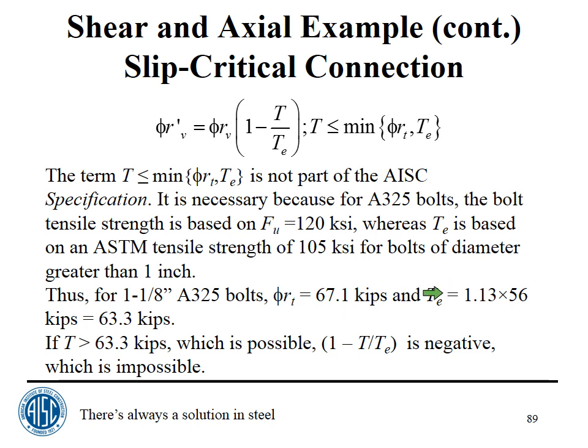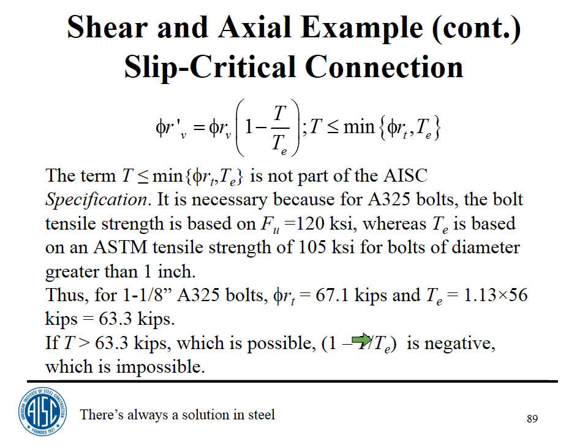And T sub E, the effective pretension, is 1.13 times 56, which gives me 63.3 kips. Now, suppose that the required strength per bolt were greater than that number, greater than 63.3. If that's the case, then this quantity here, 1 minus T over T sub E, is negative.